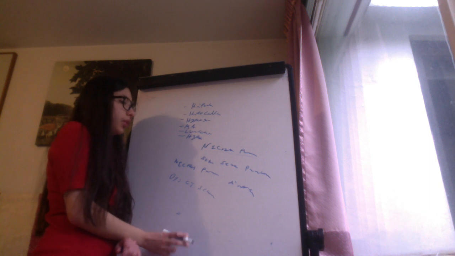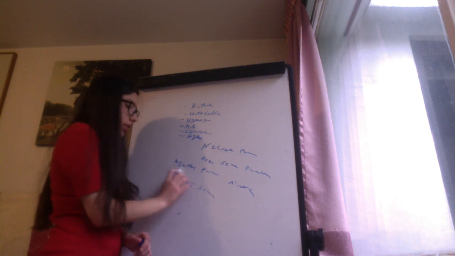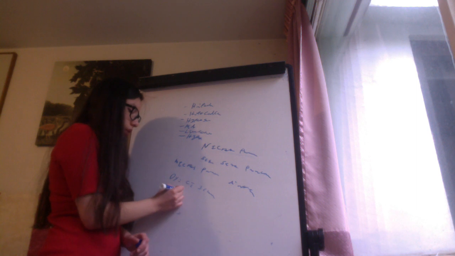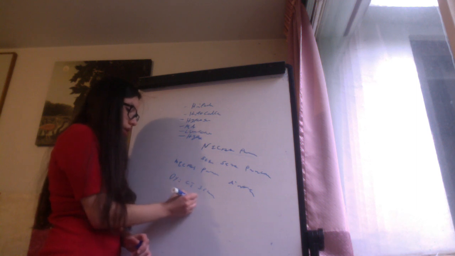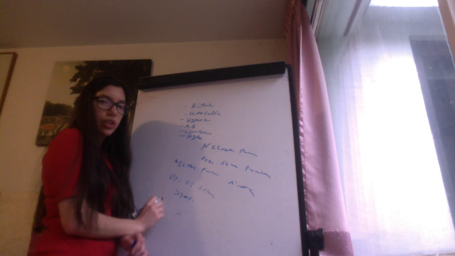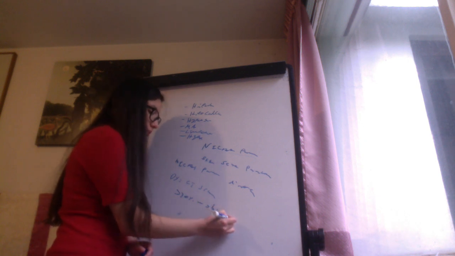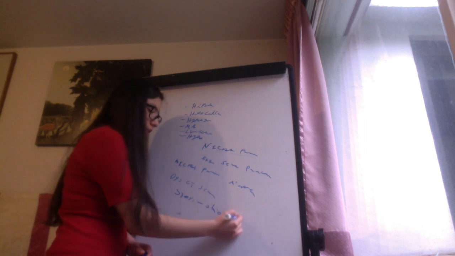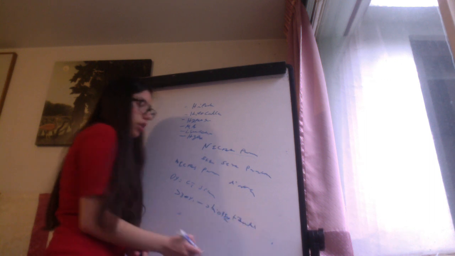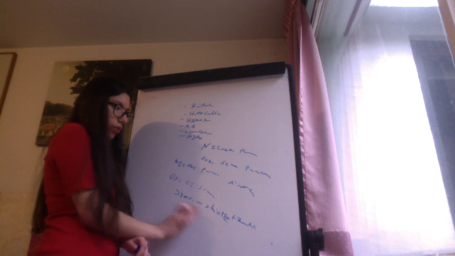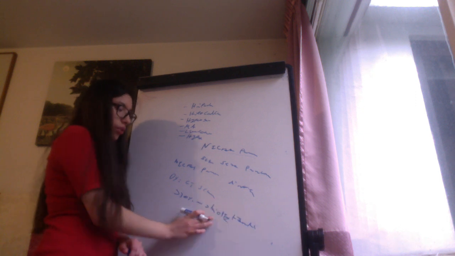Alright, so if the CT scan reveals more than 30% of necrotic tissue, then we need to do a biopsy, and we will give the imipenem. So more than 30% of necrosis, the antibiotic plus the biopsy.